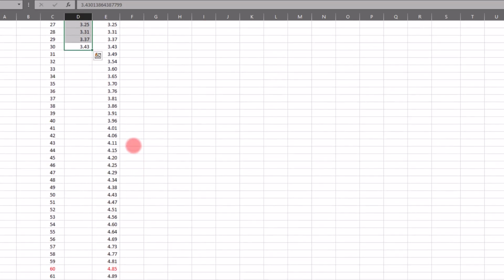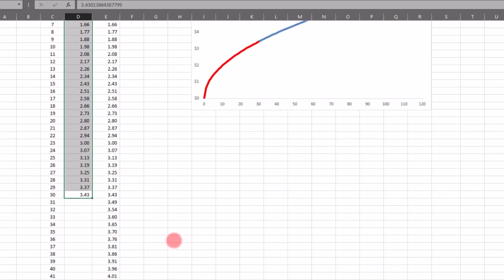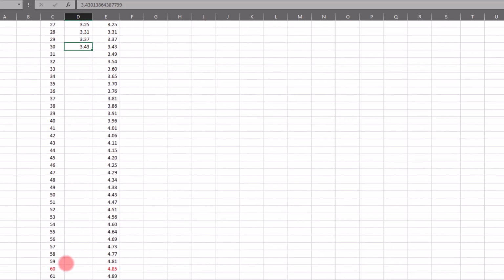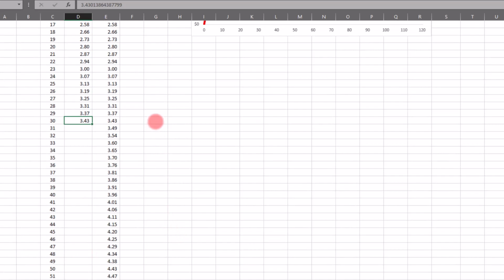Now, for this video, I'm just going to compare a 30-day option to the 60-day. But the first thing to notice is the square root pricing relationship. So for instance, the pricing model says that this 30-day option is worth $3.43. Well, if we go to a 60-day option, that's twice as much time. How much more should that option cost?